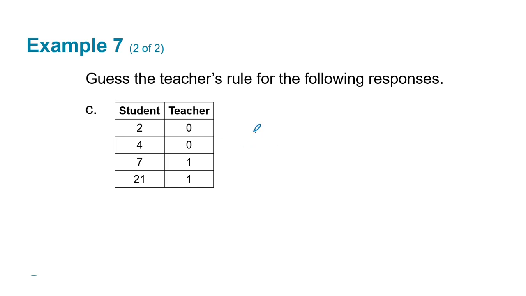In part C, if the number is even, we are going to give a 0 as the answer. 2 goes to 0, 4 goes to 0. All of the evens go to 0. But for the odd numbers, it seems like the odds all go to 1. So in this case, our rule is send all of the evens to the number 0 and send all the odds to the number 1.